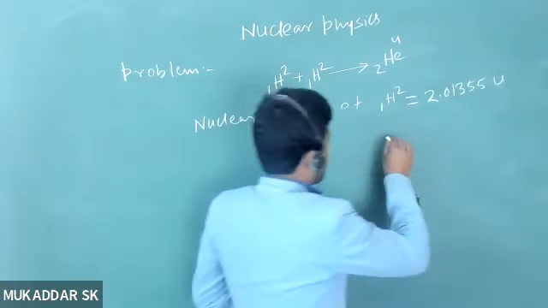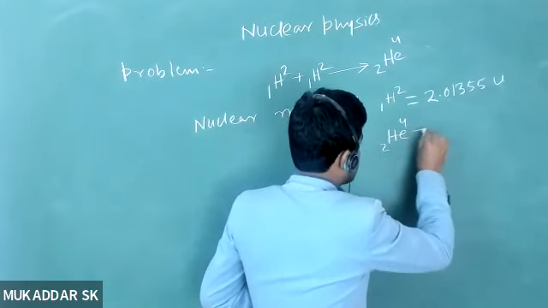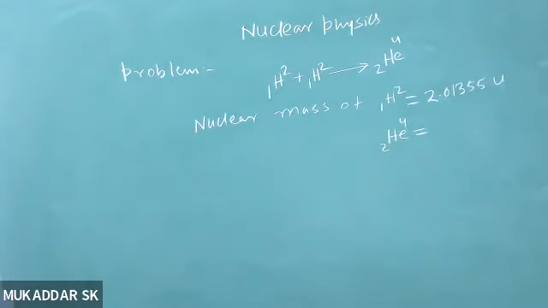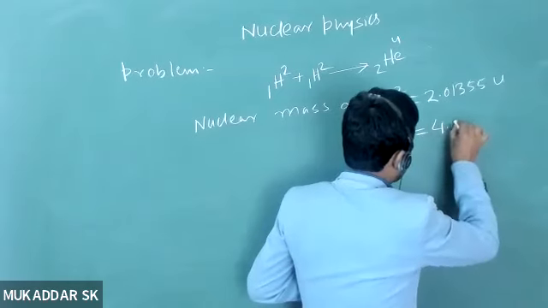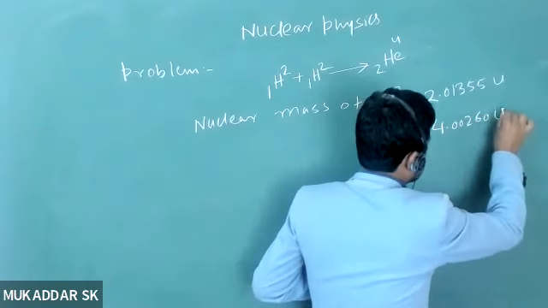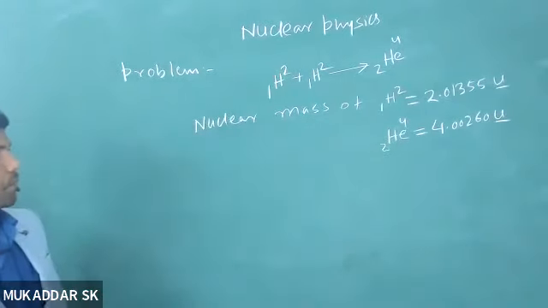And the nuclear mass of a helium 2,4 nucleus is given as 4.00260 atomic mass unit U. Okay.